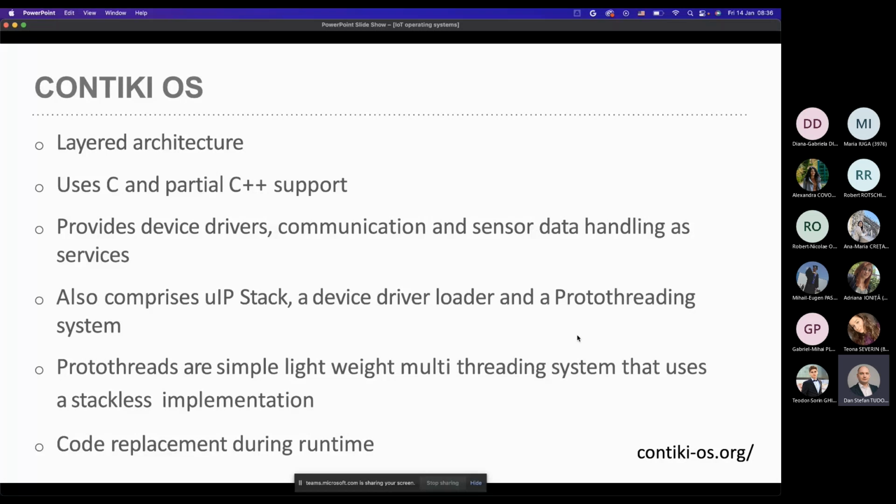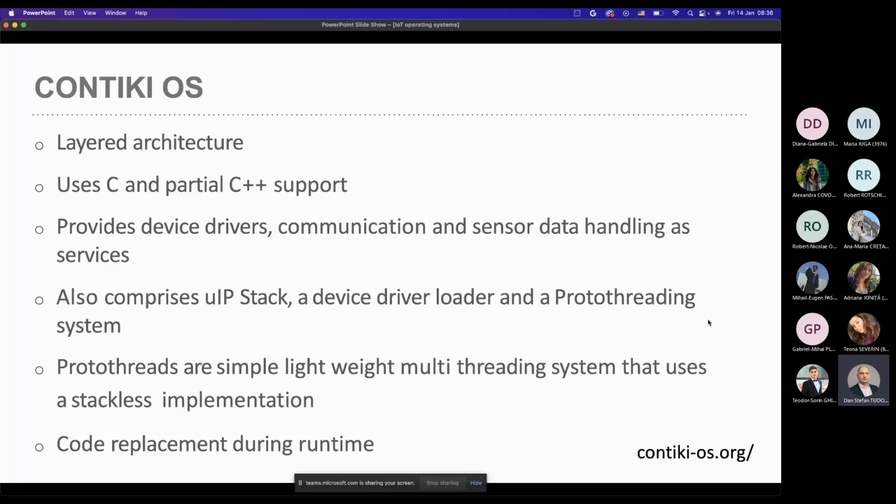Also, you have an IP stack. It's called the micro IP stack that you can use to build communication between your Contiki devices. Device drivers, and a proto-threading system. This one is really particular to Contiki, and it allows you to do some sort of multitasking.